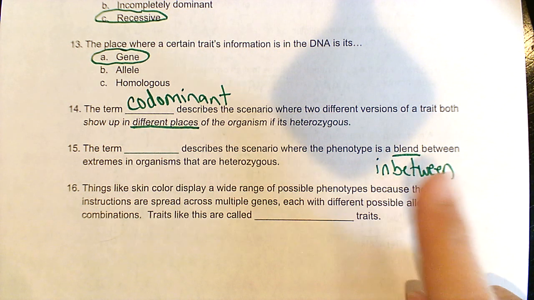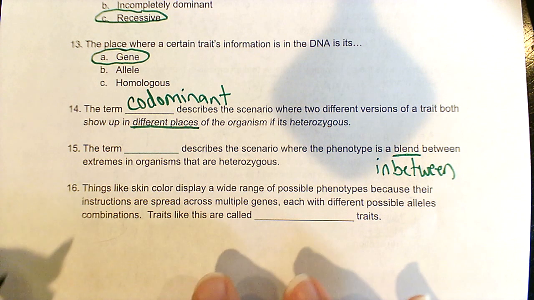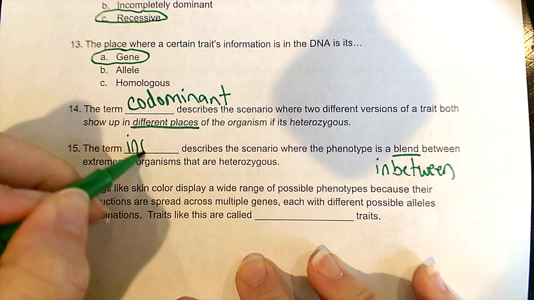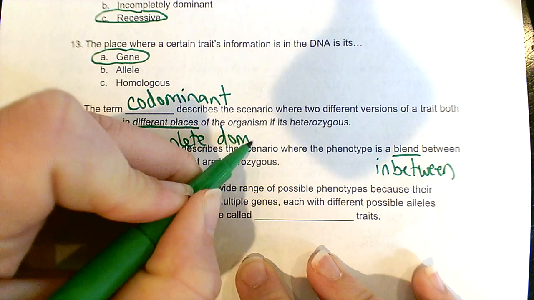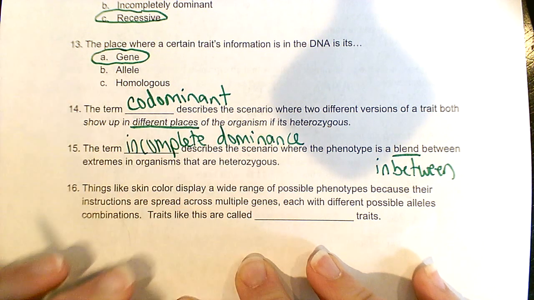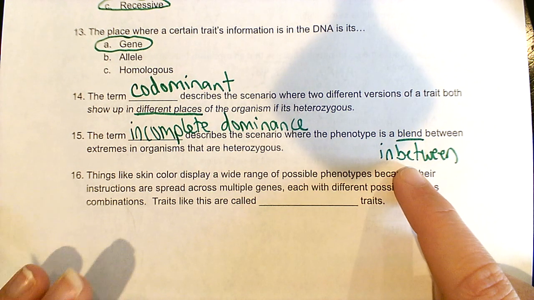But when we have an in-between form, or there's another one, black and white, if we have an allele for black and an allele for white, in between would be gray, right? So that is incomplete dominance, where the heterozygote is in between the 2 extremes.